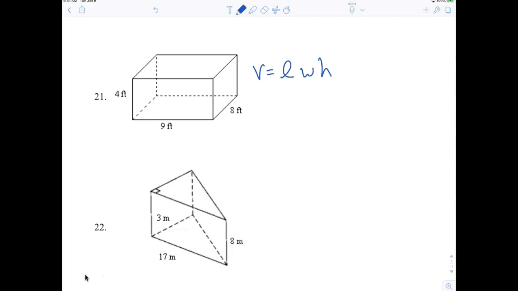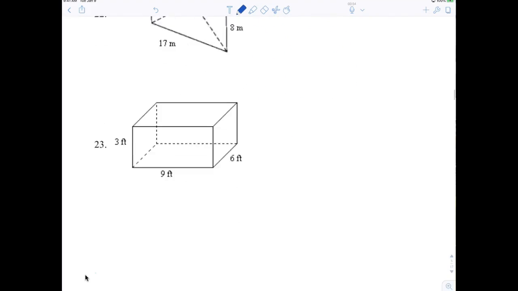So 4 times 9 times 8. Volume equals what? 288. That's correct. 288 cubic feet, which basically means there are 288 cubes in that shape. Everybody good with that?